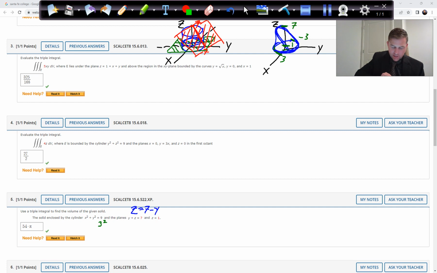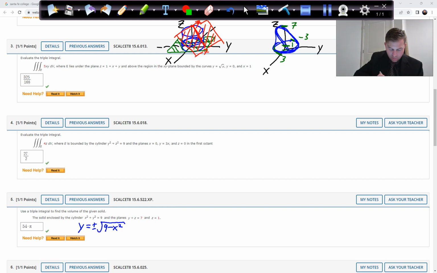Now Y is going to be governed by this same equation. So let's see if we can start putting this stuff in. Y is going to equal plus or minus the square root of 9 minus x squared. So that is the circle on the xy plane.